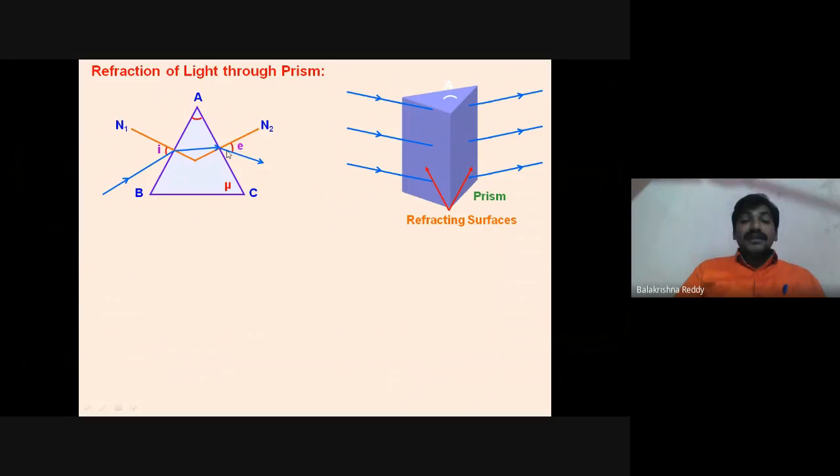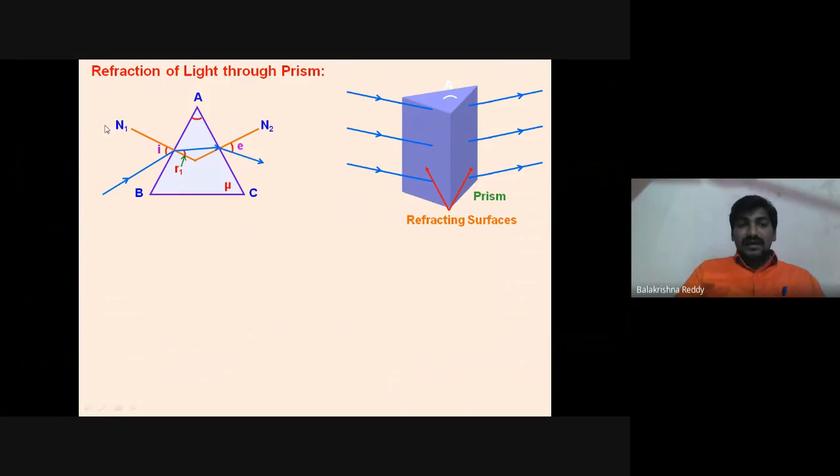And the light which is emerging out at the second refracting surface we call the emergent light ray. Since it is going out from the denser medium, instead of refracted ray, I can call it emergent light. This angle is called the emergent angle.